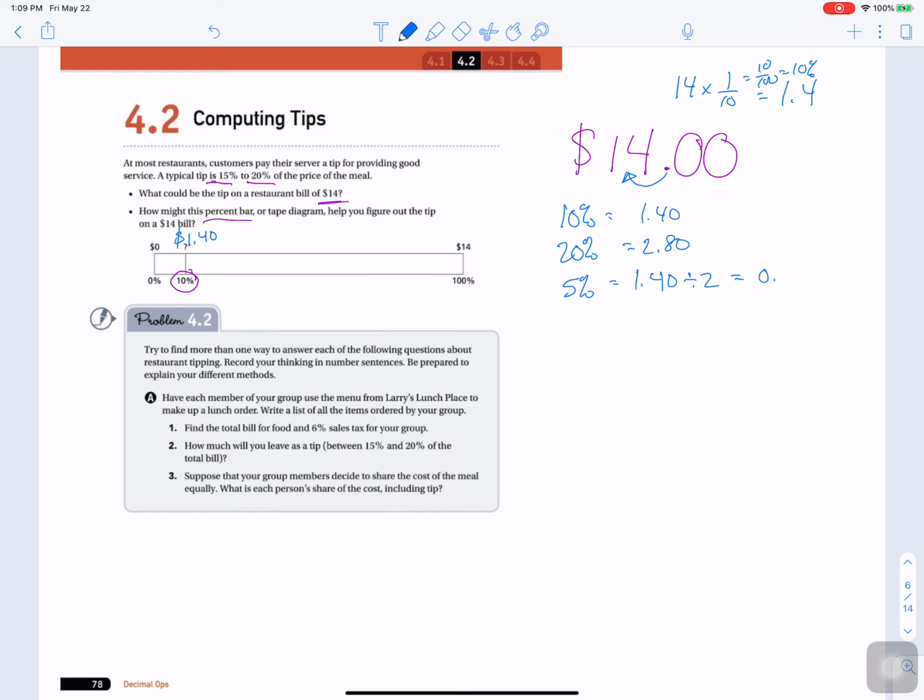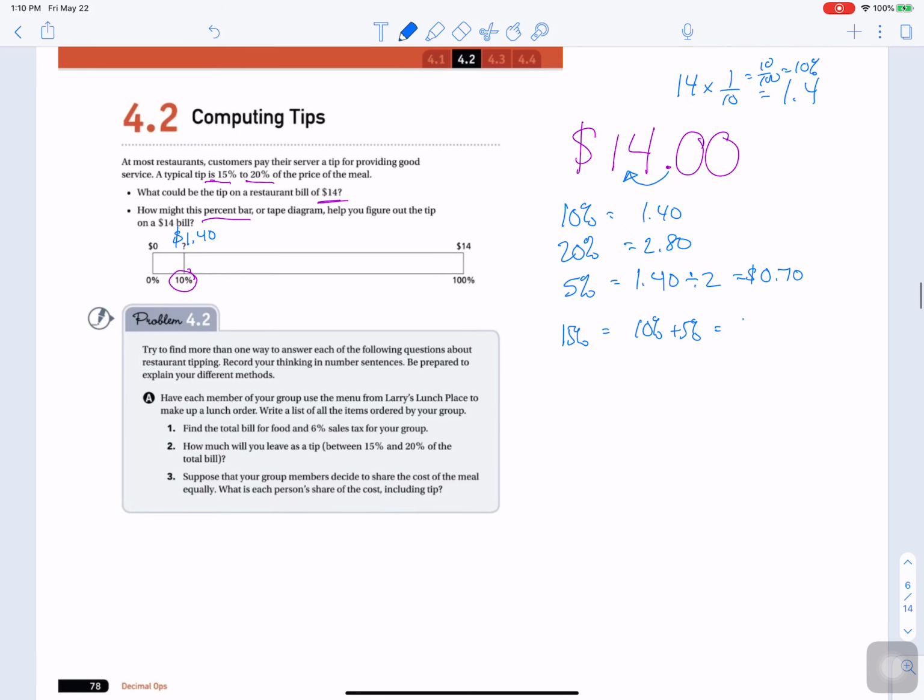In this case, it would be 70 cents. And if you wanted 15%, you would take the 10% plus the 5% and add them up. So in this case, it would be $1.40 plus 70 cents, which would be $2.10.